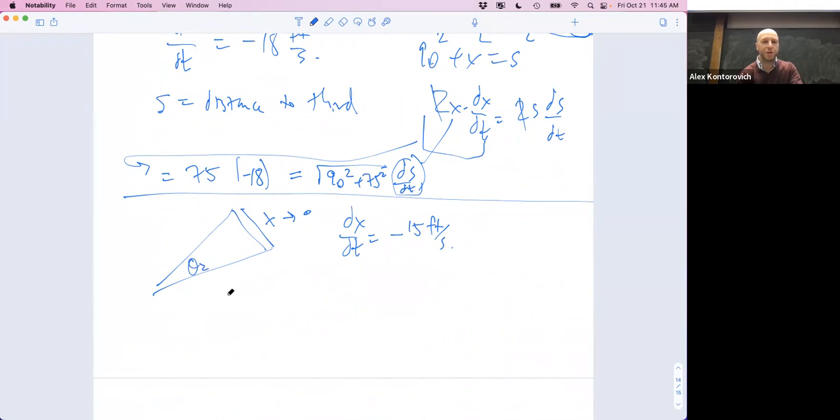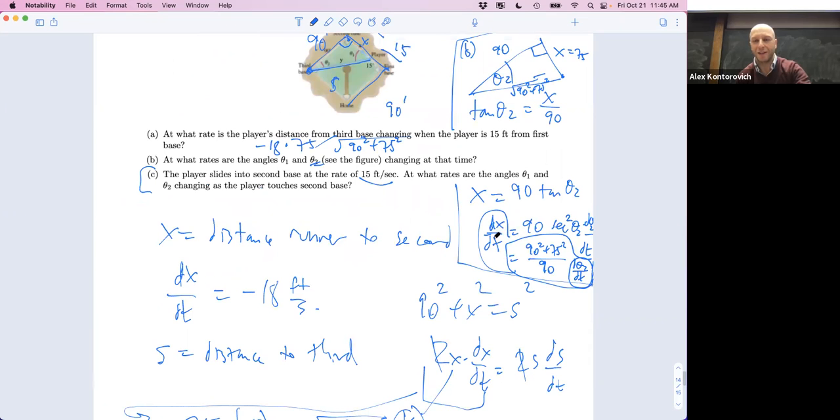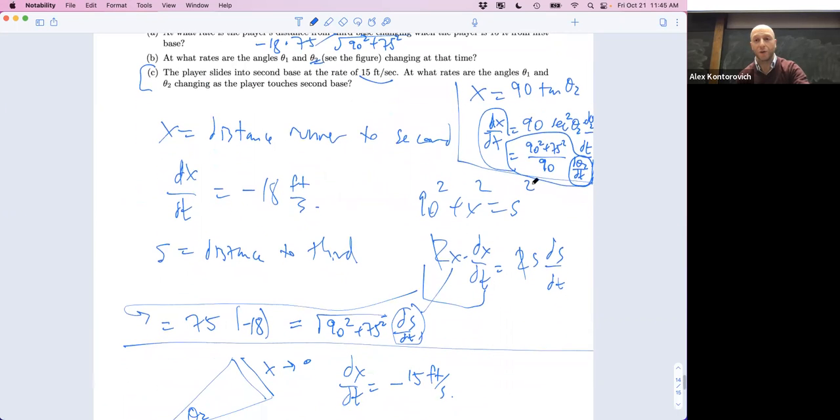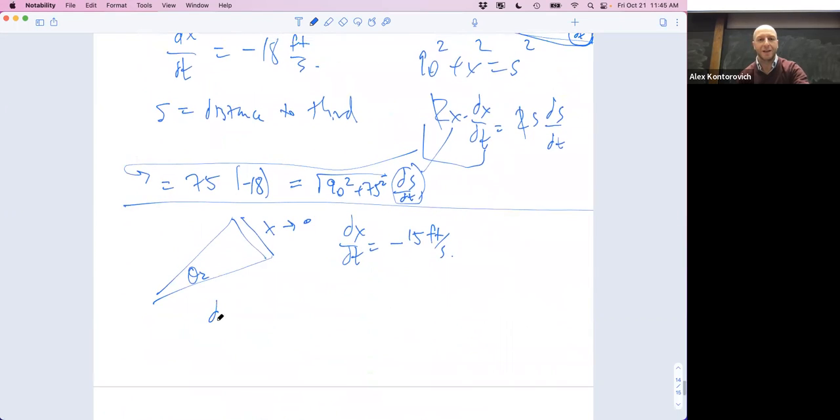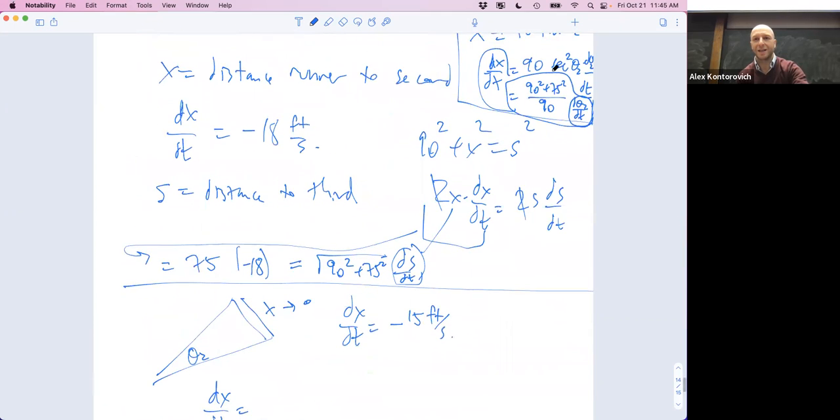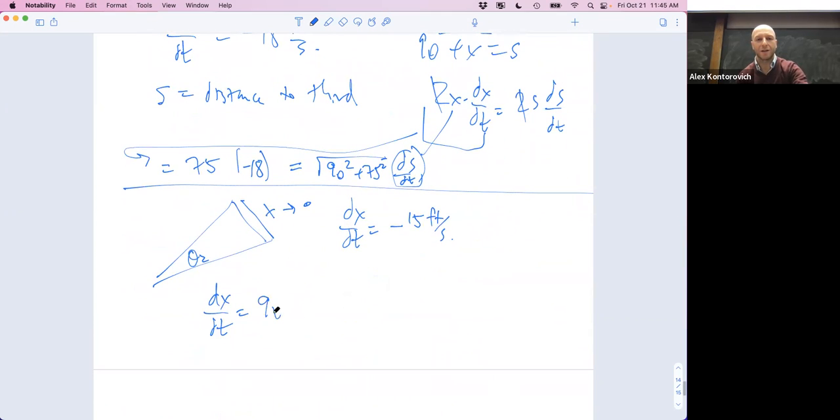We still have this relationship between x and theta 2, the tangent. So let me not do the derivative again, this always holds: dx/dt is equal to 90 secant squared theta 2 times d theta 2/dt.